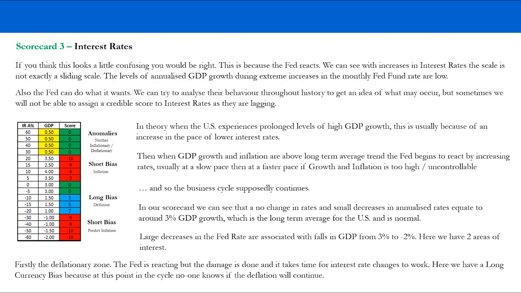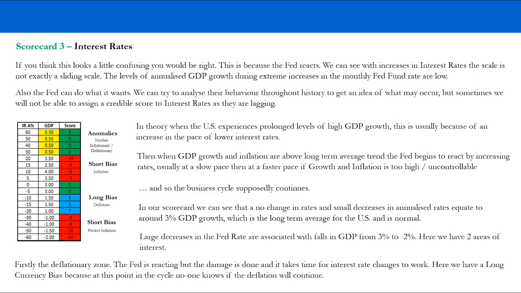So we tend to find with lagging indicators that we do get anomalies in data in economics. Now, we can try to analyze their behavior throughout history so we can get an idea of what may occur, but sometimes, because of these anomalies, we won't be able to assign a credible score to interest rates, because they are lagging, a credible score in our overall systematic process.